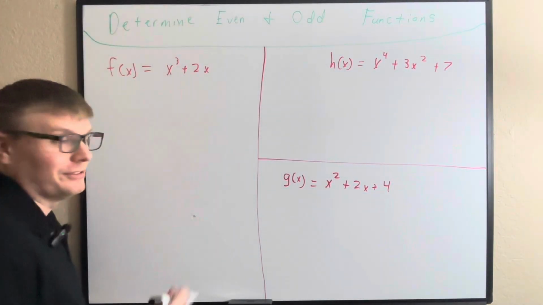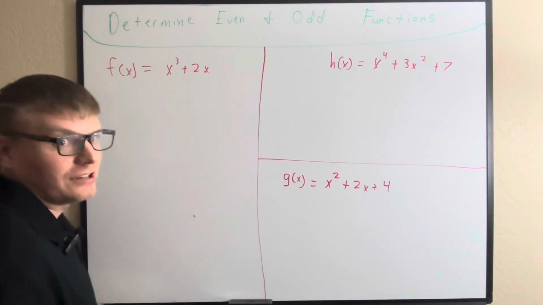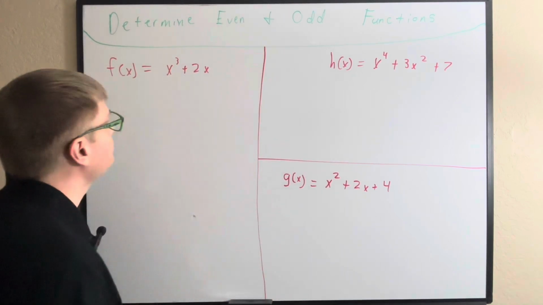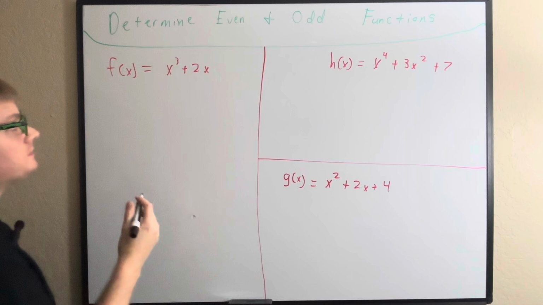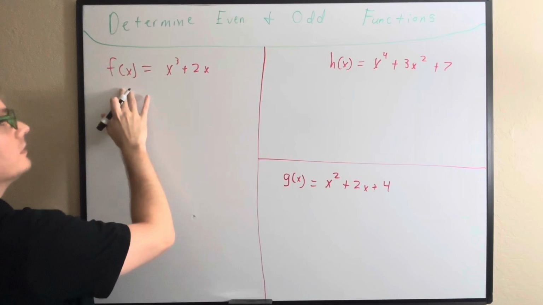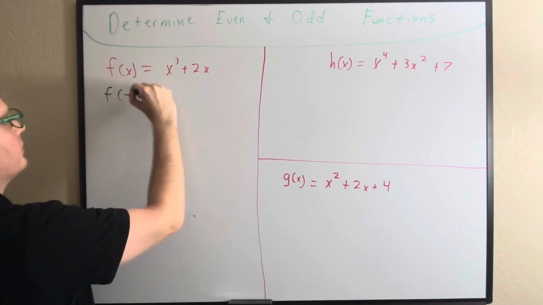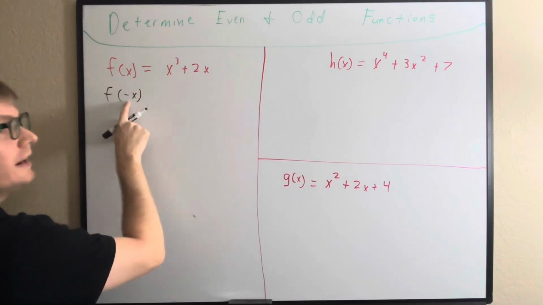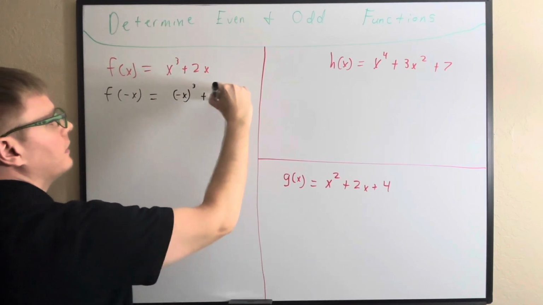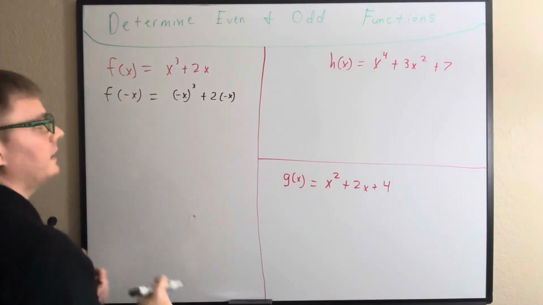Let's stop looking at all those terrible graphs that I'm drawing and let's actually do the math version of determining whether a function is even, odd, or neither. When we're reflecting something across the y-axis to determine if it's even, we substitute the inputs for negative inputs. Just put those parentheses and put a negative x in for that x.